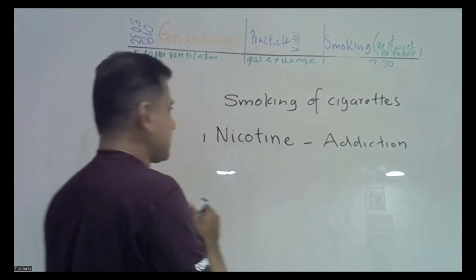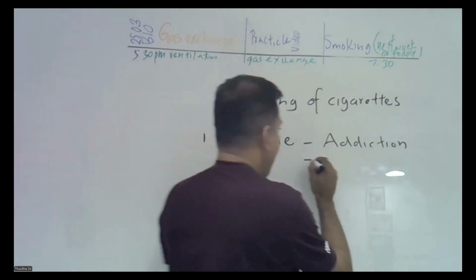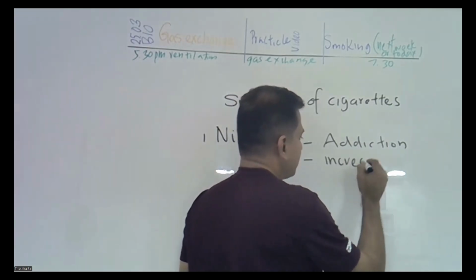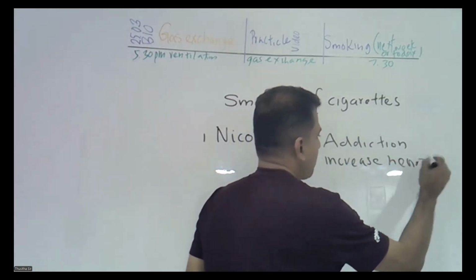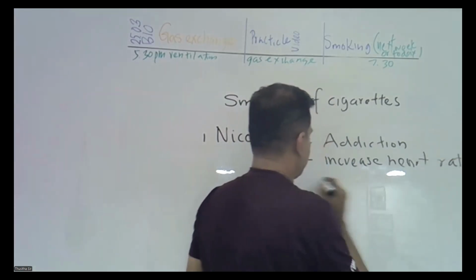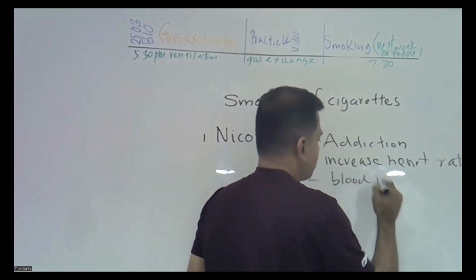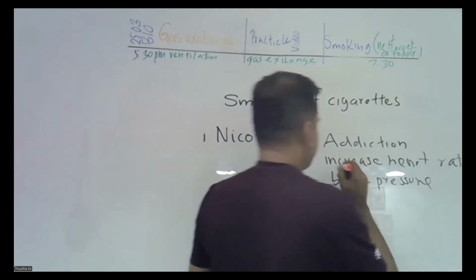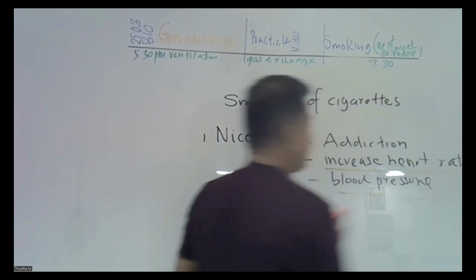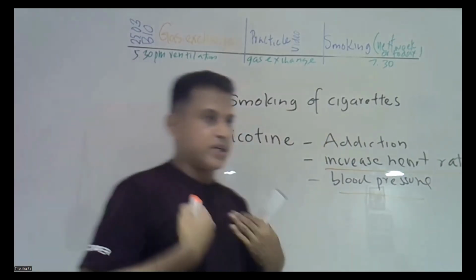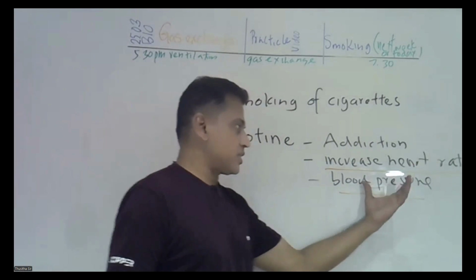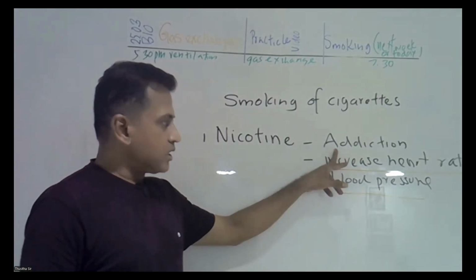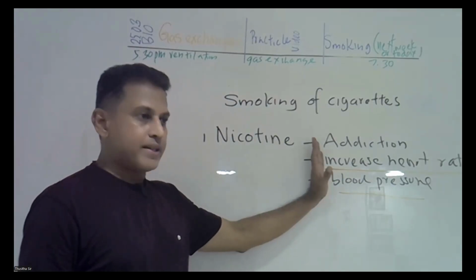Nicotine can cause addiction, and also it can cause increased heart rate and blood pressure. These two are bad for the whole system, our circulatory system. People get heart diseases. So with the addiction they get, behind it they get all these bad things.